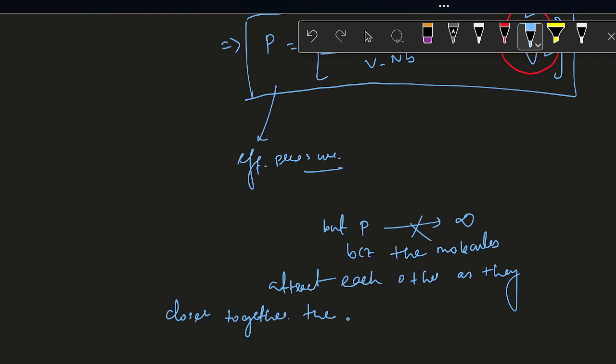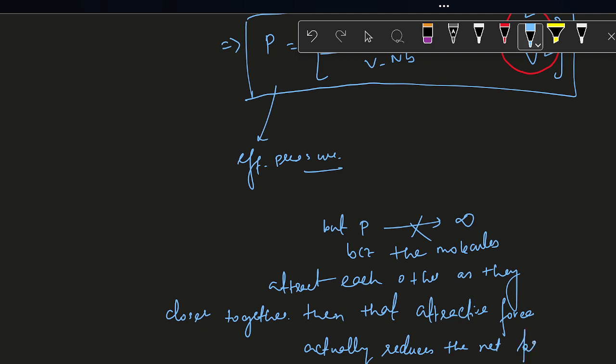As they are closer together, they have a tendency to attract each other more. That attractive force reduces the net pressure by a certain extent.